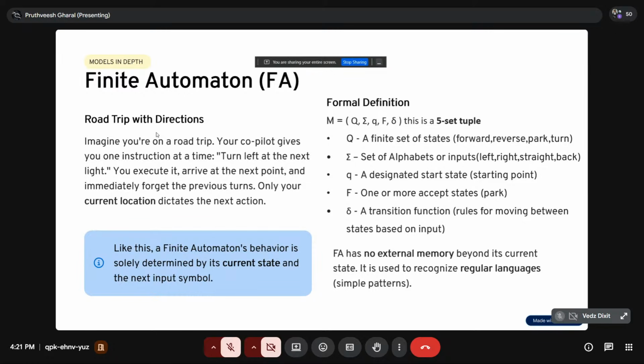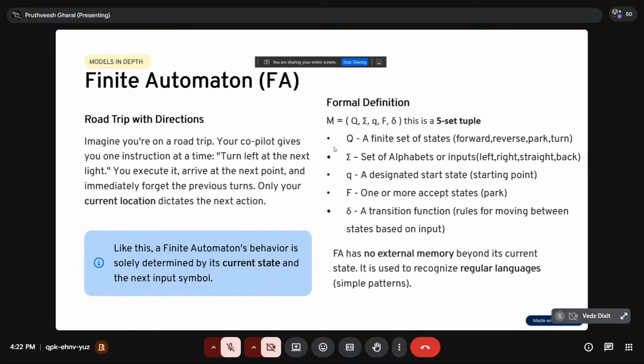So here we have defined the finite set of states in which our driver can be. This is how we define it formally. First, we define the states in which the finite automaton can be.